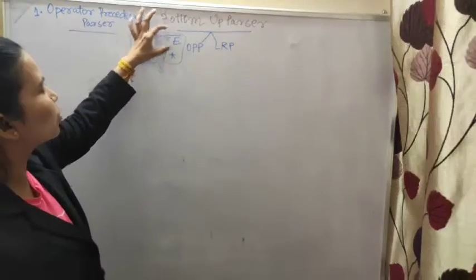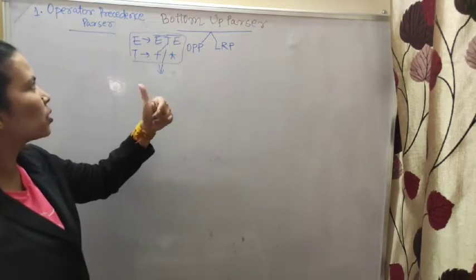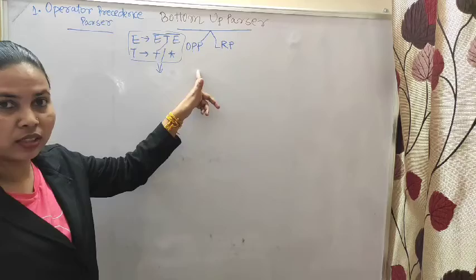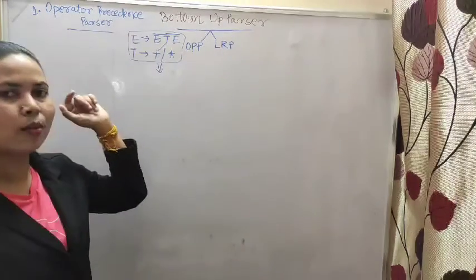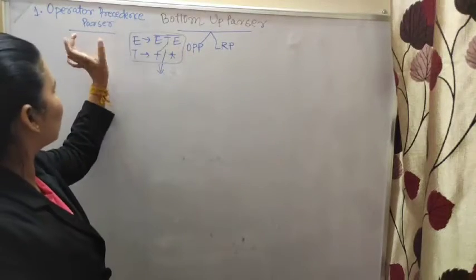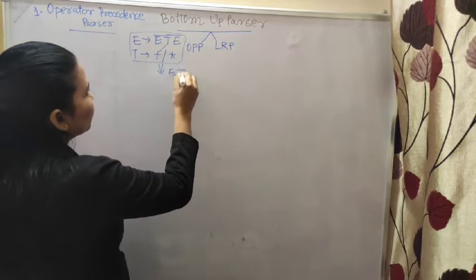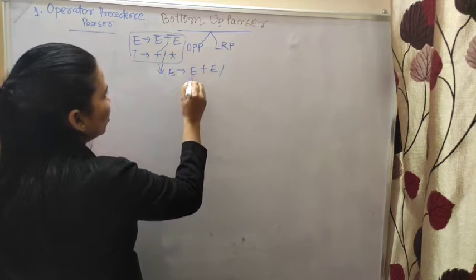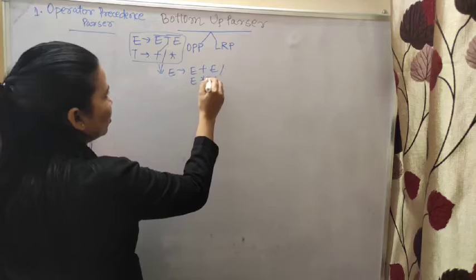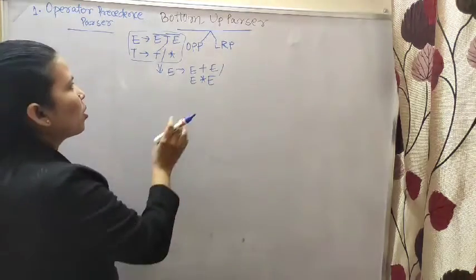In these production rules, of course it is not operator precedence, but you can derive it. If it is in derived form, then definitely you can say that it is an operator precedence parser. Just like here we can derive E derived to E plus E or E star E. So then it is an operator precedence parser.